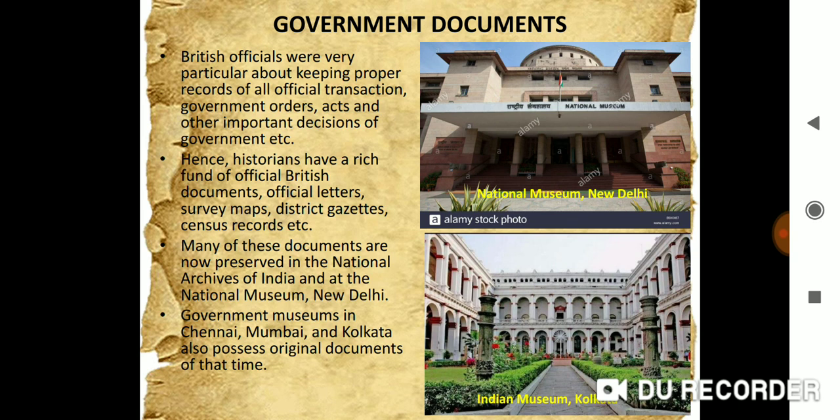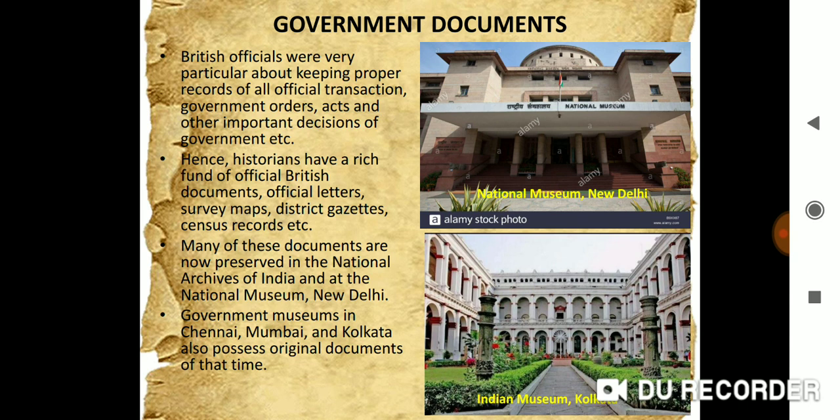They kept the documents, they kept our government orders and acts very properly. They maintained records very properly. Hence, historians have a rich fund of official British documents, official letters, survey maps, district gazetteers, and census records.